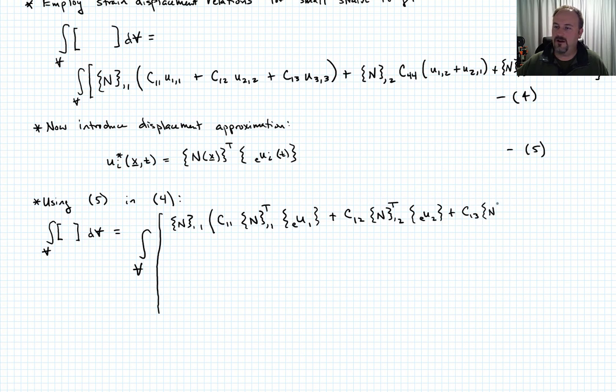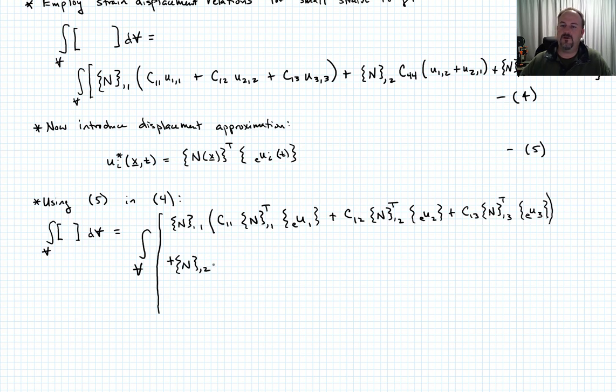Hopefully you see a pattern now. n transpose partial with respect to x3 times U3. Okay, so hopefully that's straightforward. We'll close the parenthesis there, and then we'll say there's the next term, plus, let's see, this term here, that partial of the interpolation function with respect to x2.